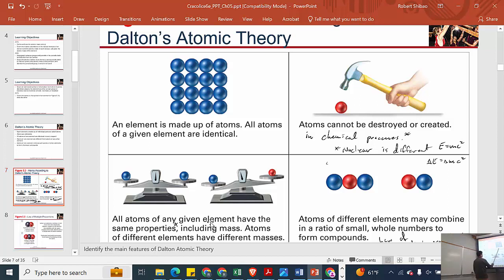An element is made up of atoms. All atoms of a given element are identical. Up to a point, they're identical in terms of chemical properties, but some are heavier. And do you know what atoms are made up of? The composition of atoms? Everything's made up of quarks, but when we think of atoms, if we break up atoms, they're made up of 3 subatomic particles: protons, neutrons, and electrons.